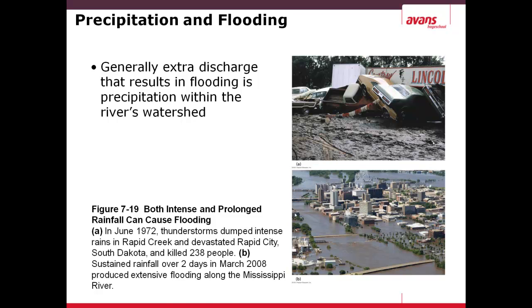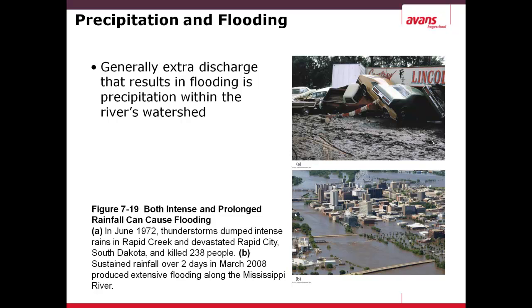In the top example here, there was a very large thunderstorm, and Rapid Creek, the name of the creek, overflowed after intense rain, and this devastated the city of Rapid City in South Dakota, killing 238 people.